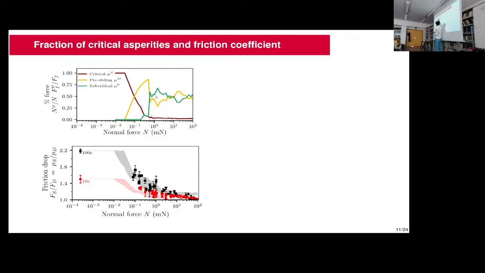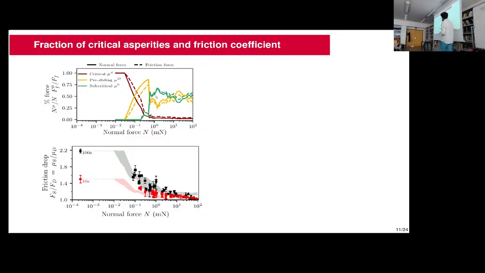And we have a transition around the range of load that corresponds to the range over which we have the decrease in friction. Over this range of load, we have a decrease in the fraction of normal load that is sustained by the critical asperities. So by adding more and more asperities, you create an asynchronous map of the onset of sliding, which reduces the macroscopic friction coefficient.